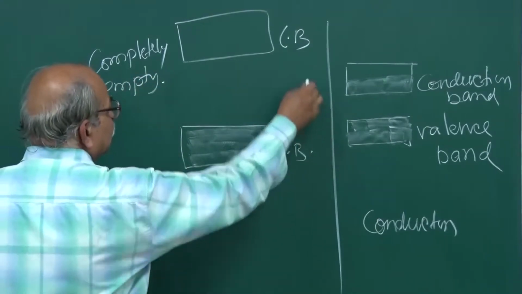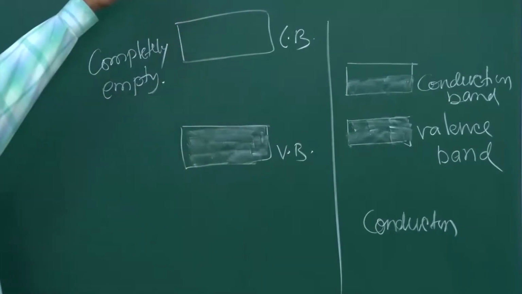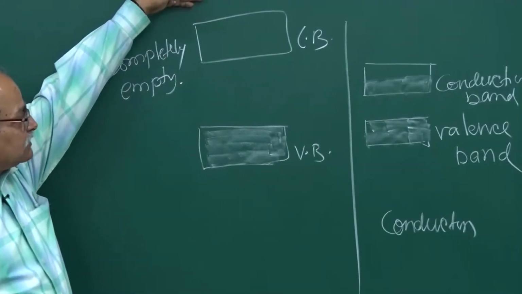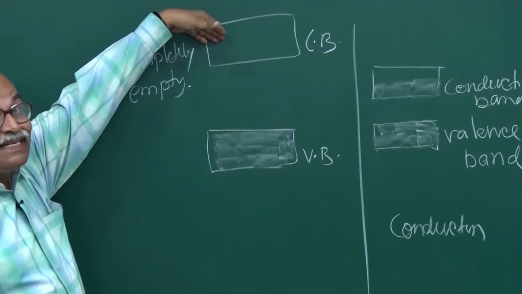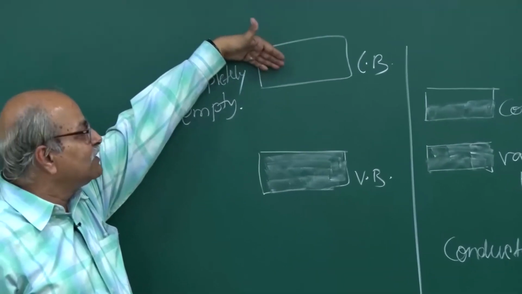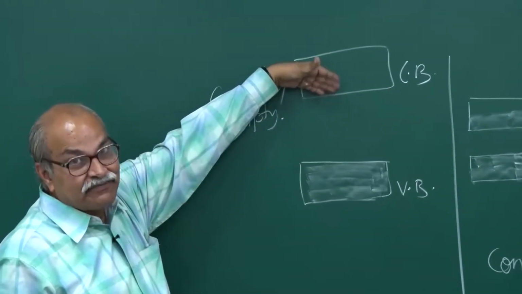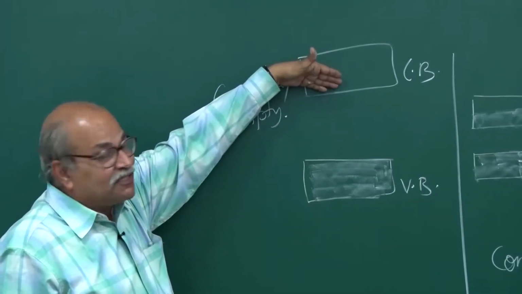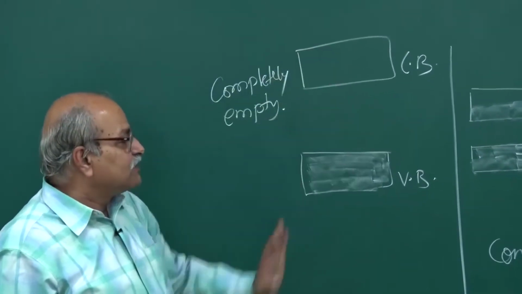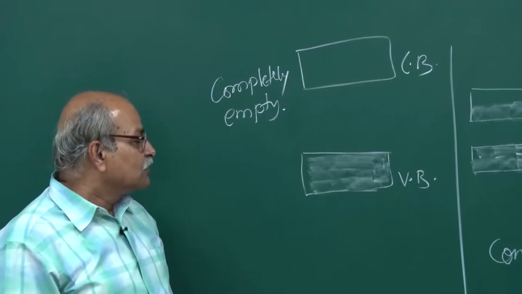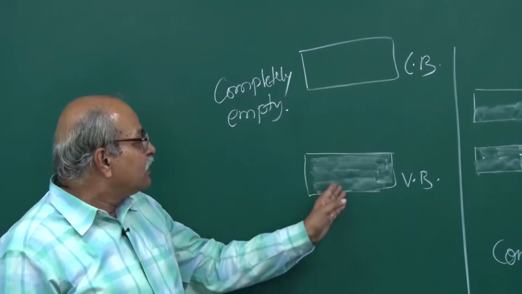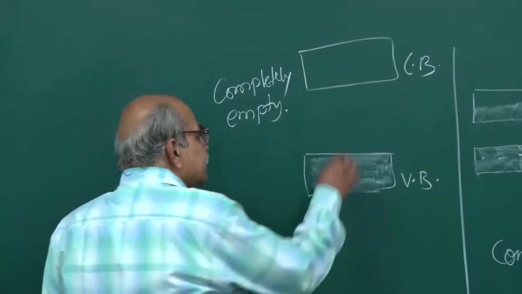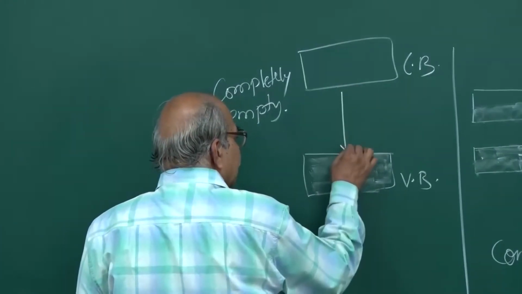So this is also possible. As I defined, if you come from the top, the first band that is not completely filled, it's not even partially filled, but certainly not completely filled, is the conduction band, and this is the valence band. At low temperatures, 0 K, this is the kind of situation, and this energy gap is large.